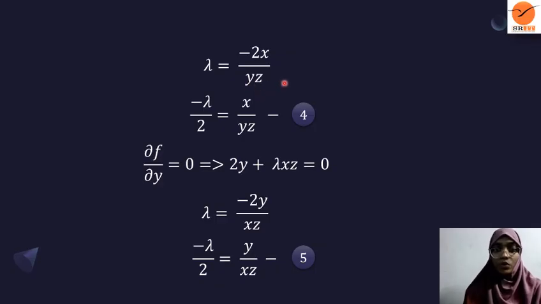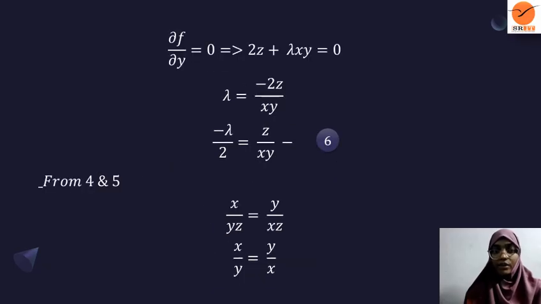From this equation we get lambda equals minus 2x by yz, so minus lambda by 2 equals x by yz, which is equation 4. Dou F by dou y equals 0 gives 2y plus lambda xz equals 0, so lambda equals minus 2y by xz, and minus lambda by 2 equals y by xz, which is equation 5.